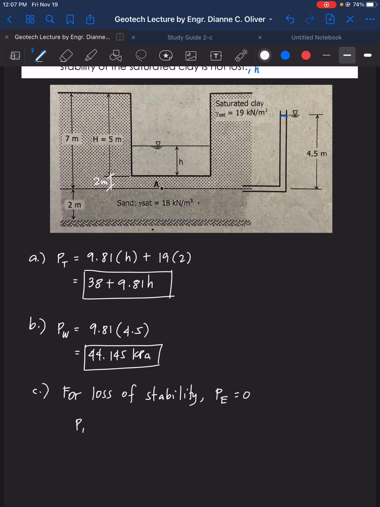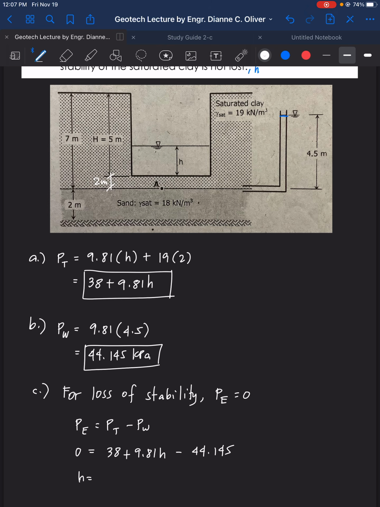Now we know that P effective is equal to P total minus P water. So let's put 0 for P effective. And then P total is 38 plus 9.81 H minus P water of 44.145.